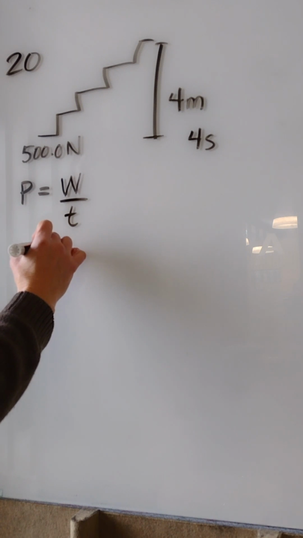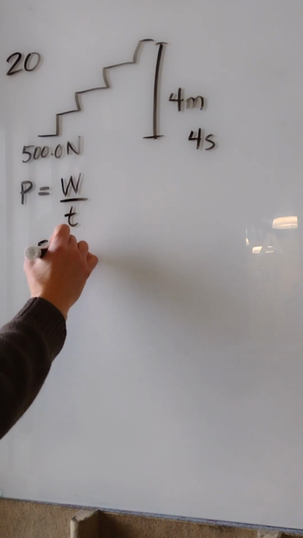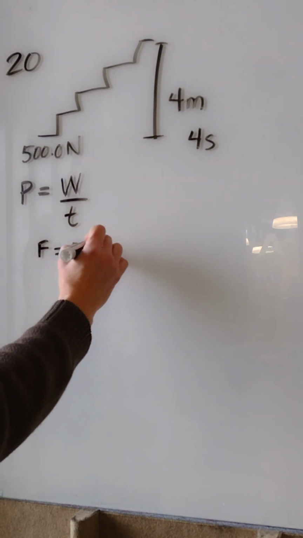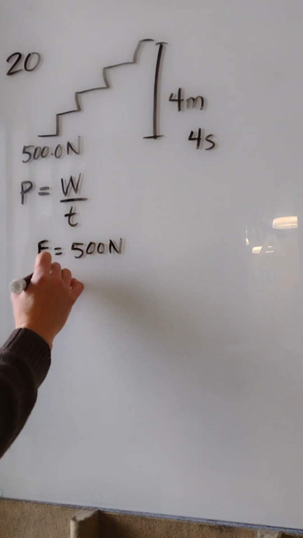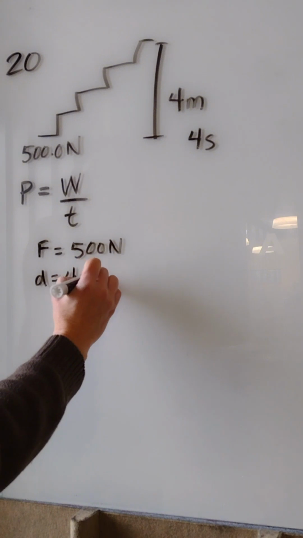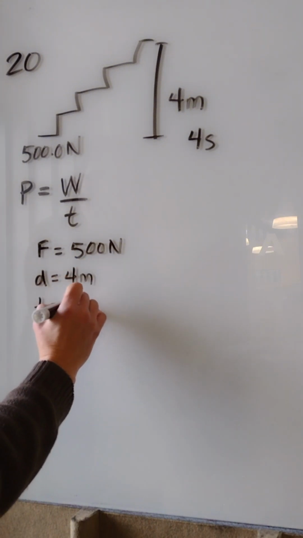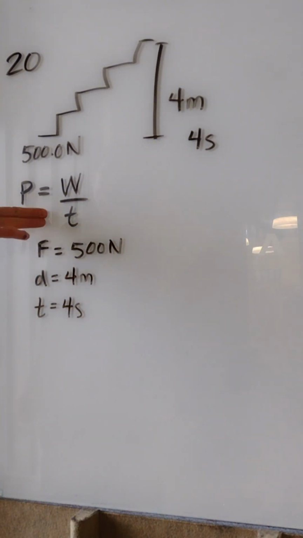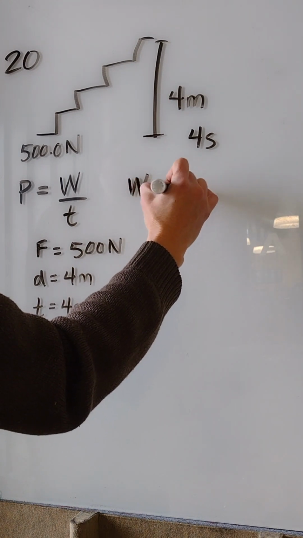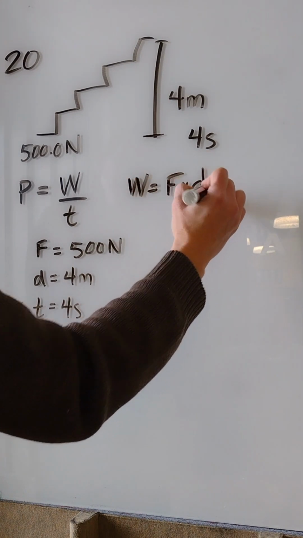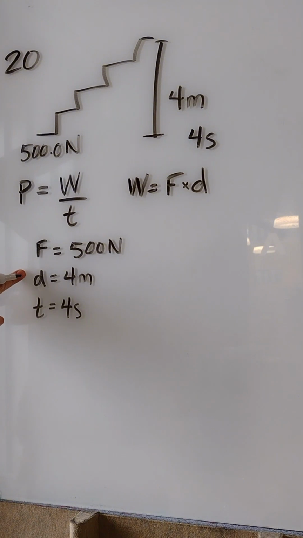And so we have a force of 500 newtons, and we have a distance of 4 meters, and we have a time of 4 seconds. We can't just plug that in there. So first we have to figure out what the work is. So we're going to need to use the equation for work. That equals force times distance. And we have both of those so that we can just do that.